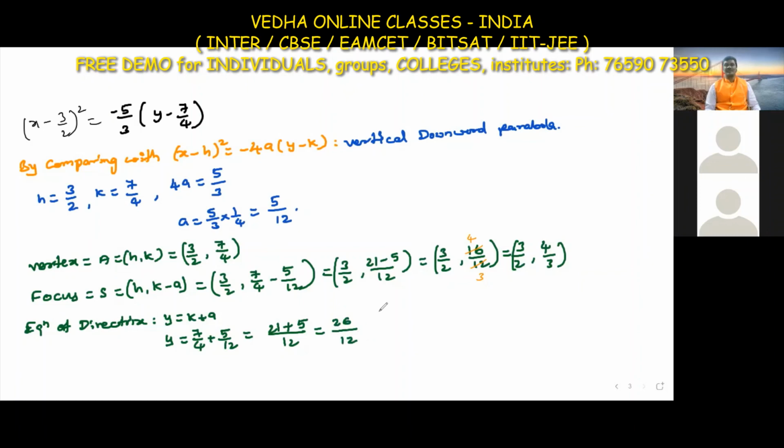Any table? Yes, 2 table: 2 thirteens, 2 sixes. Now 6 is dividing, so if you take it to the left side, 6 into y is equal to 13. We can write it as 6y minus 13 equal to 0. This is the equation of the directrix.